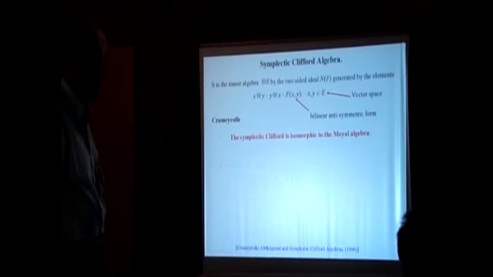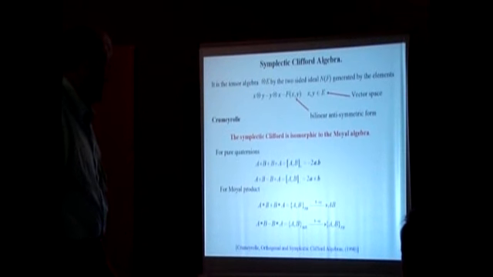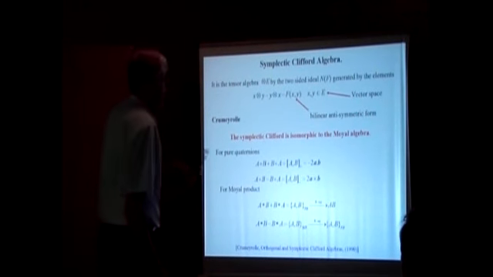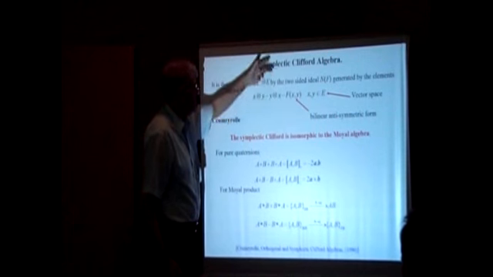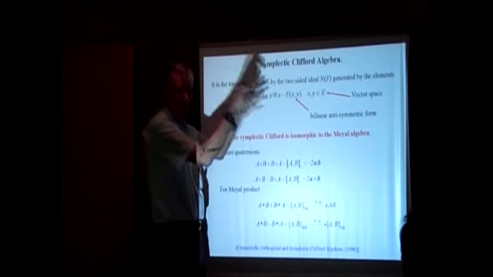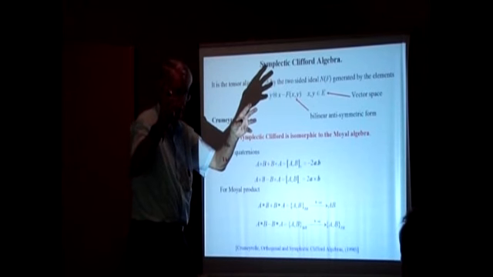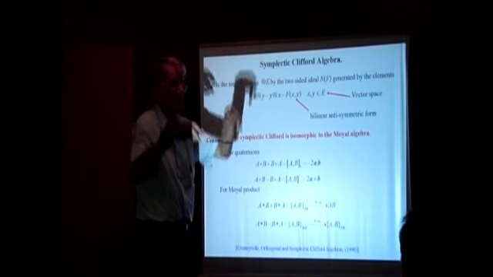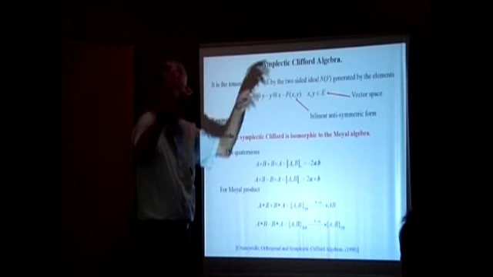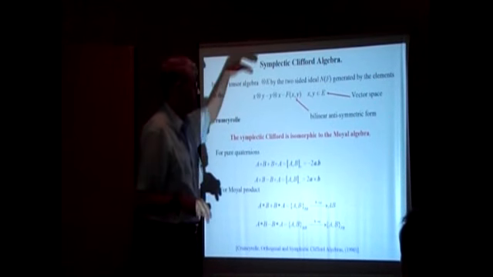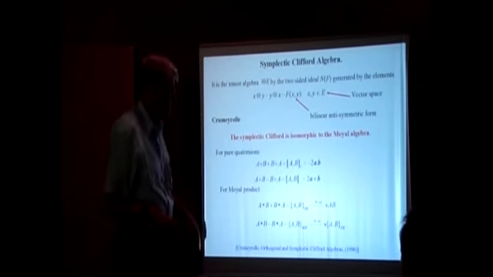Now the interesting thing here is that, I wouldn't say an isomorphism, whatever you can do in the orthogonal Clifford algebra, you can also do in the symplectic Clifford algebra. So you've got a symplectic Clifford group, which is the covering group, the metaplectic group. And it comes directly from these kinds of considerations.